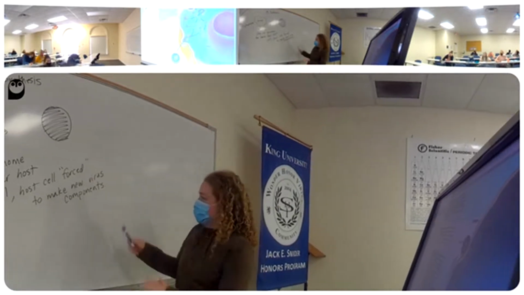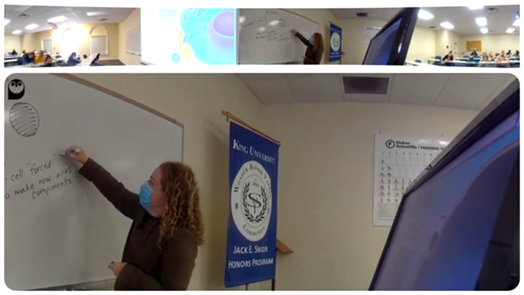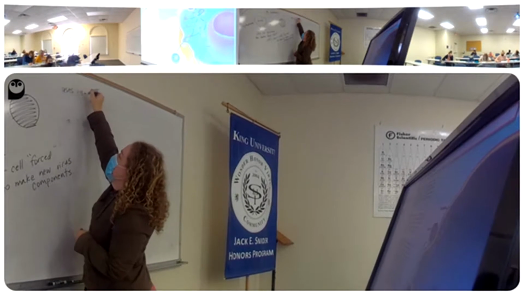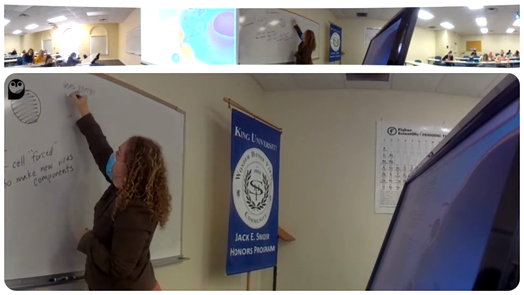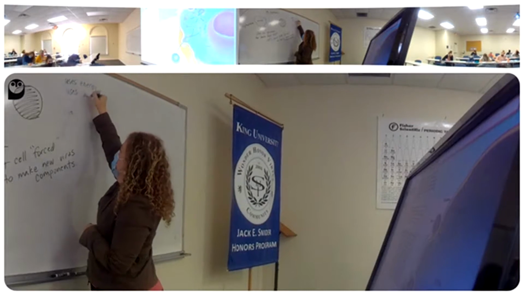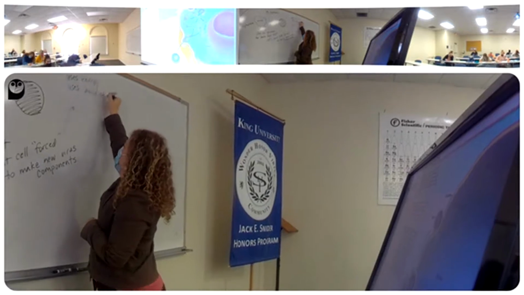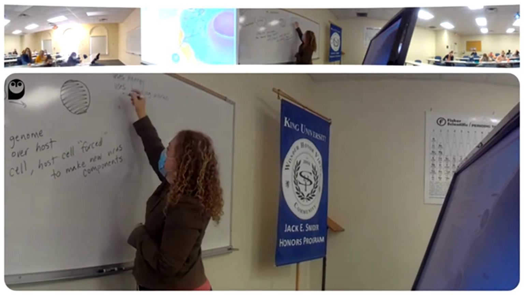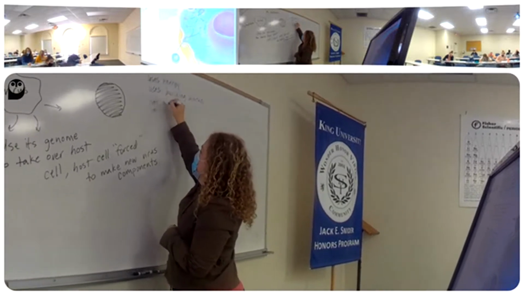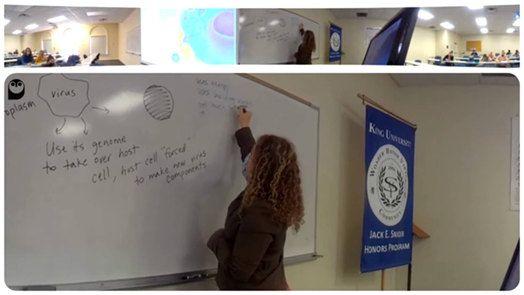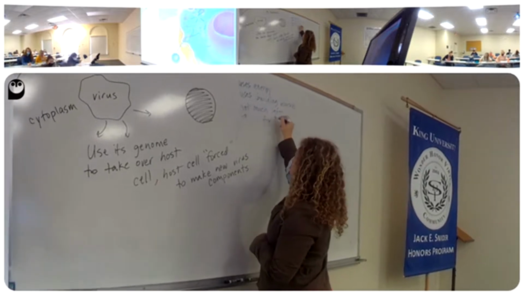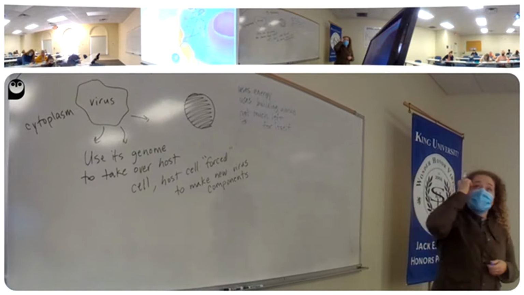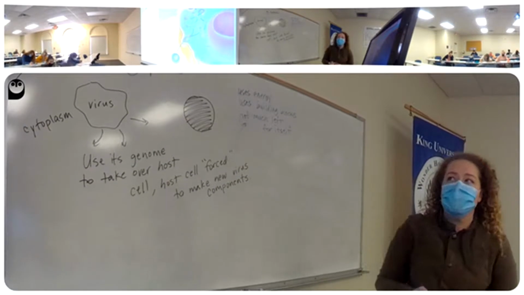And for the host cell to do that, what that means is the host cell uses its own energy, uses its own building blocks, and the host cell has not much left for itself. It's doing the work for the virus.